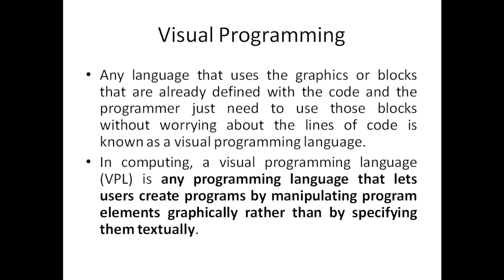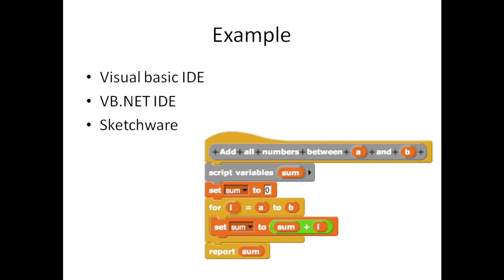So whatever programming elements are needed have to be used from the toolbars. Rather than just typing from the keyboard, we can have inbuilt graphical user interface tools, okay. When we get into the example, we can easily understand what is meant by visual programming, okay.